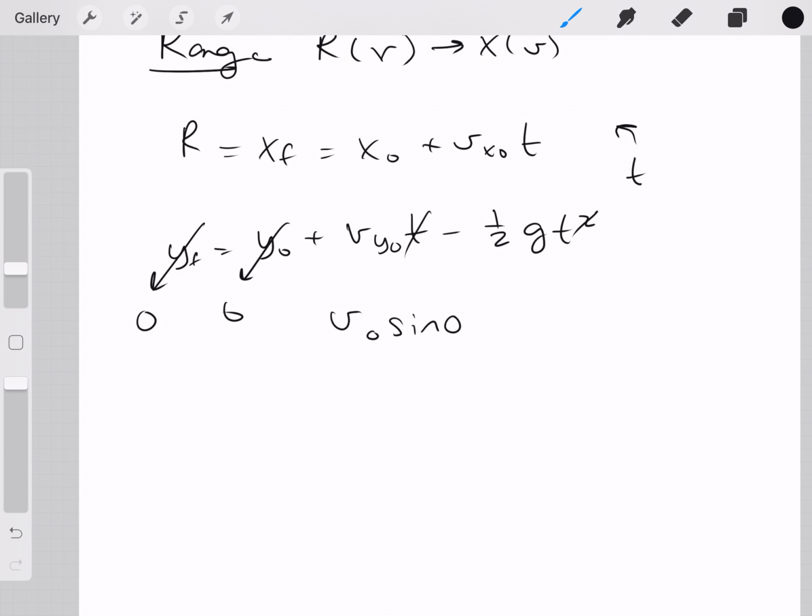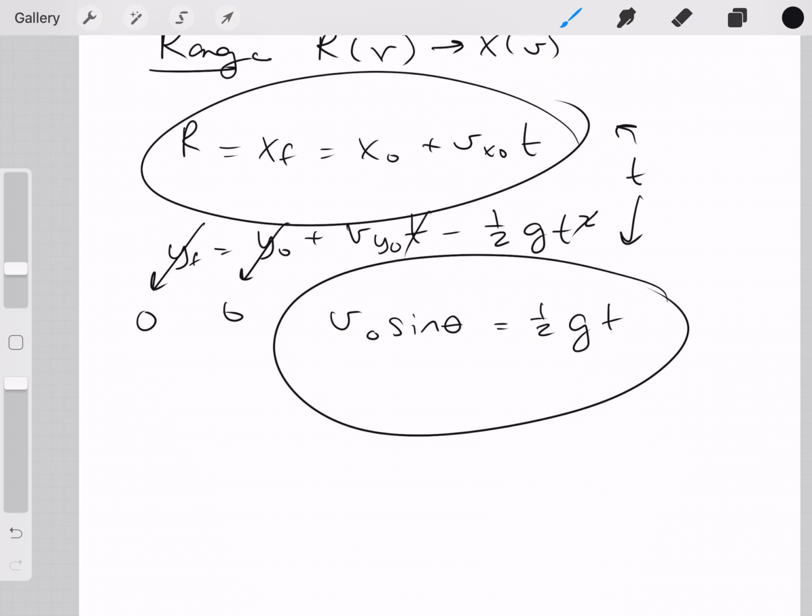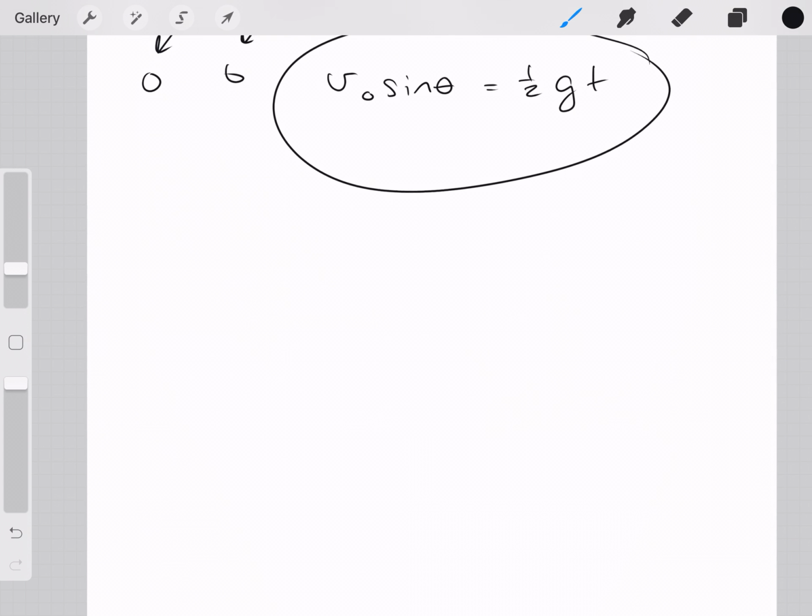Even if you're super high, super low, range problem is always when y naught equals y final. So, with these equaling 0 and canceling out the t's, then you get v naught sine theta equals 1/2 gt.